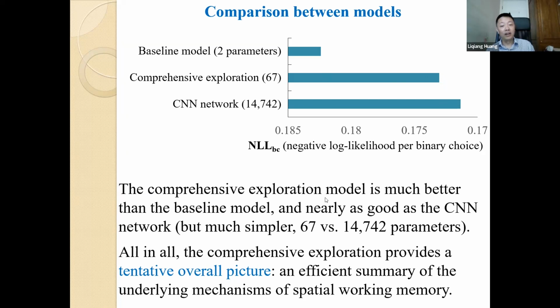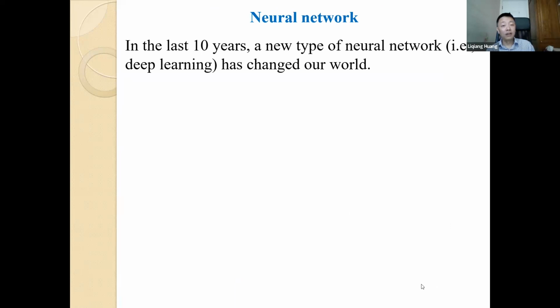The point here is that the comprehensive exploration model is much better than the baseline model and nearly as good as the CNN network. Not as good as, but nearly, and it's much simpler. All in all, the comprehensive exploration model provides a tentative overall picture. It's an efficient summary of the underlying mechanisms of spatial working memory.